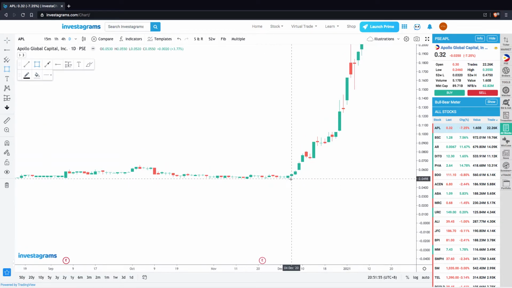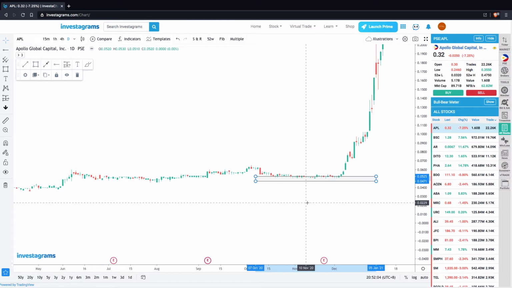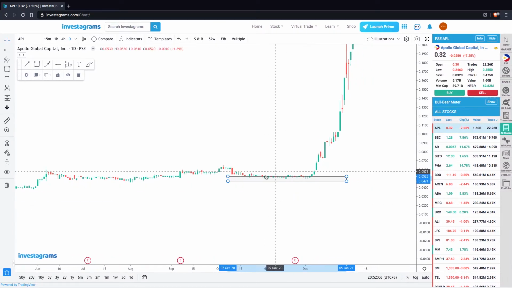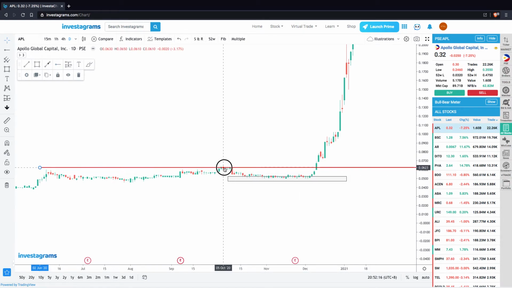If it starts moving up, then we could say that this could be an area of support back then from last December. And with areas of support, we could usually see on the upside areas of resistance where it was failing to break.